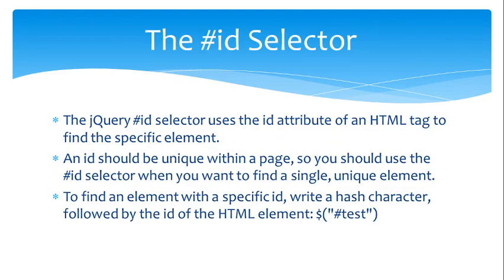What is the second one? The ID selector. What is this ID selector? The jQuery ID selector uses the ID attribute of an HTML tag to find a specific element. Like what we were doing in the previous one, we are applying to all, but I don't want to apply to all.